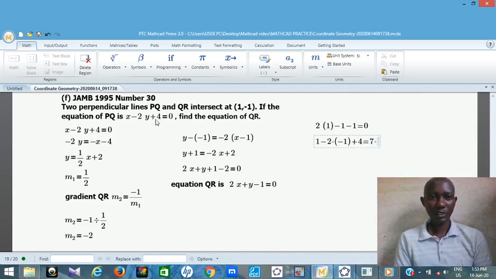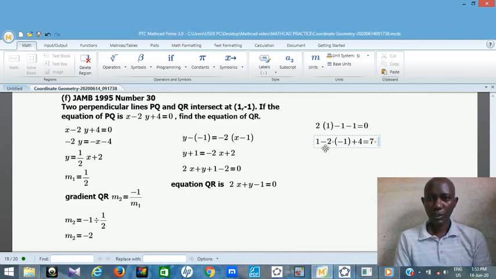That means there's a mistake somewhere in this question. Maybe where I copied it from, maybe they made a mistake in the typing of the question. But all the steps are correct.